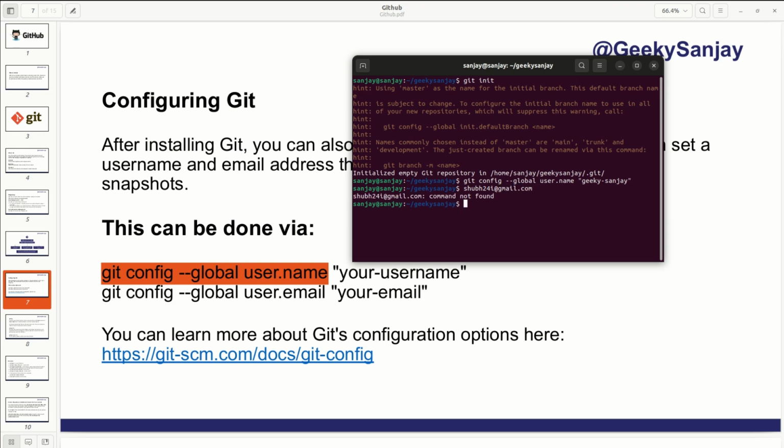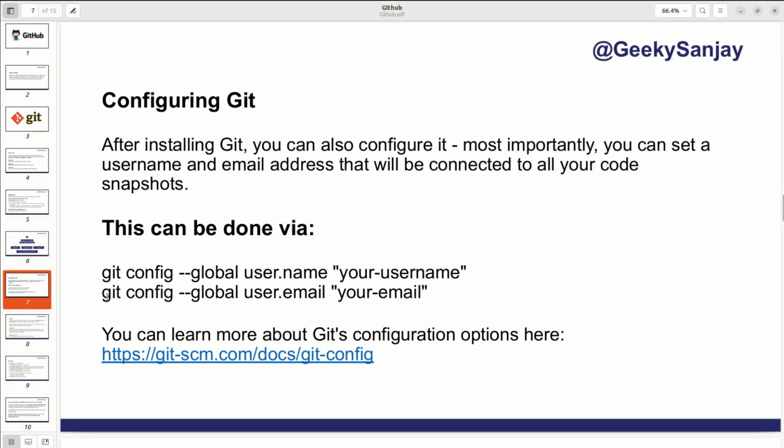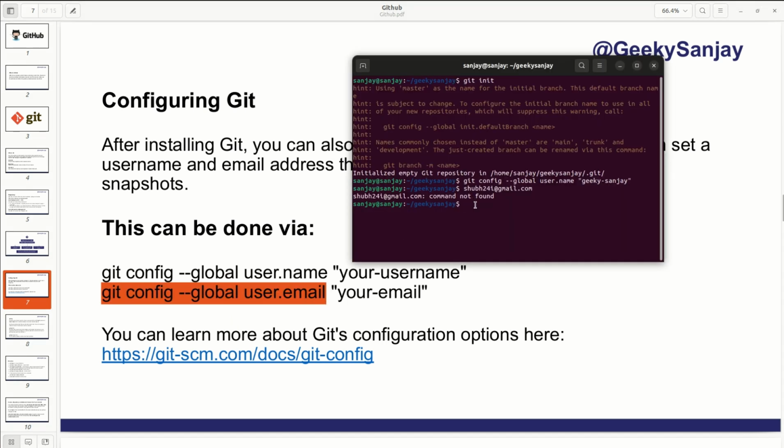Okay, shubh24@gmail.com. Oh, sorry. So we take this command to set the email, and we paste it here, and then simply put our email address shubh24i@gmail.com, and then press enter. Now it is configured locally.